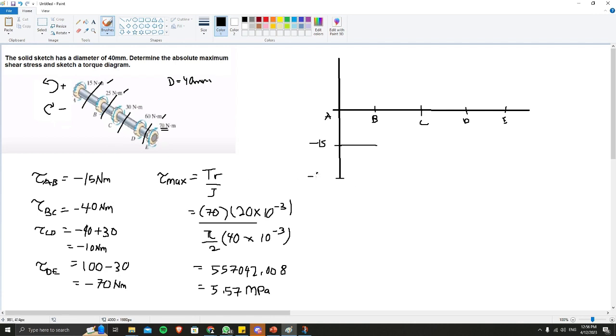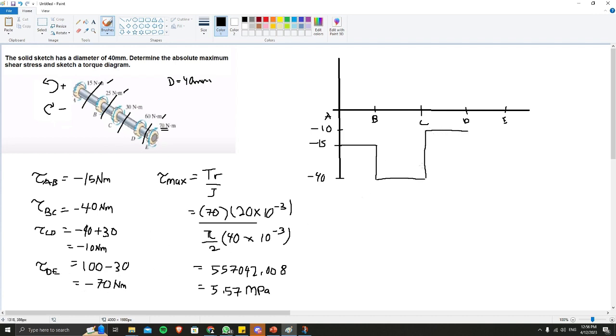And then the second one, BC, is negative 40, and then we go down here. And then for CD we go up again at negative 10, or around there.